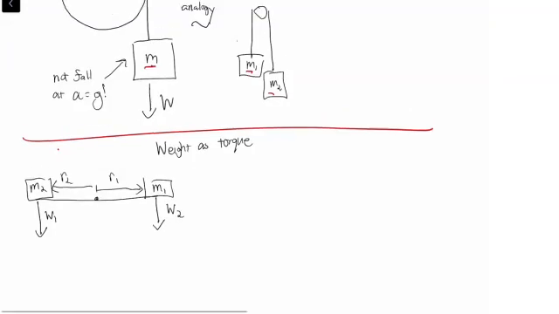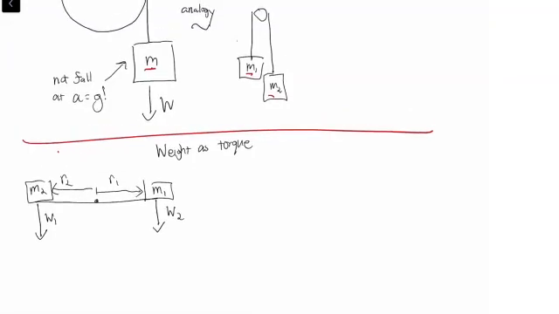Another analogy here between this system and Atwood's machine is you have these two masses that are essentially balancing each other out. The way that it works in Atwood's machine is that the tension on these two ropes has to be the same.